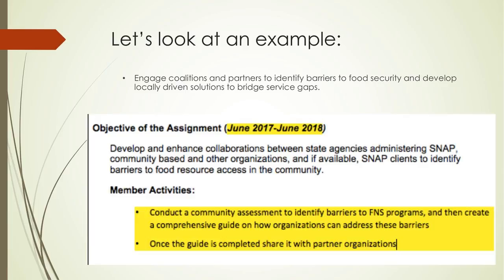So I just took an example of a line that was included in the past, which was engage coalitions and partners to identify barriers to food security and develop locally driven solutions to bridge service gaps. So that was only one example of what they wanted to do. But I wanted to show you how to apply the language that you used in your RFP into the VAD by selecting an objective, which was included on the VAD information sheet that we gave you with the VAD template.